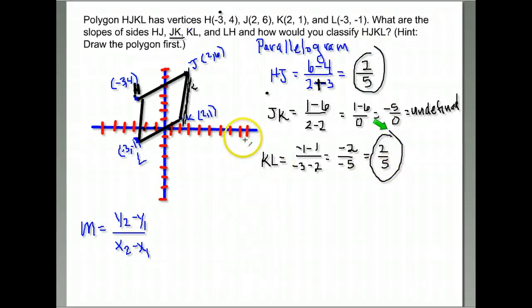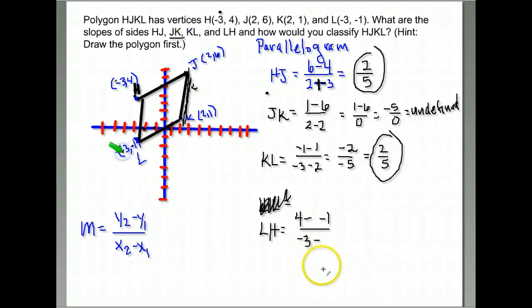Okay, now let's go ahead and take a look at HL. Again, we're going to do y minus y. So our L, or they want us to do LH. Sorry about that. LH. We'll get the same answer either way, but okay, LH. So our y from our H part, the second one, was 4, minus the y from our first one, which was negative 1, all over the x from our first one, negative 3, minus the x from our second, negative 3.